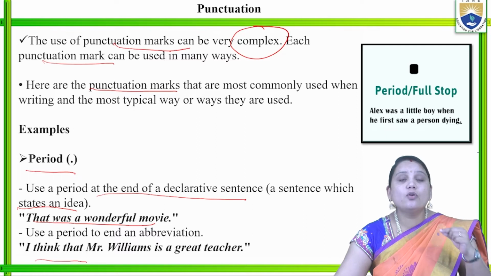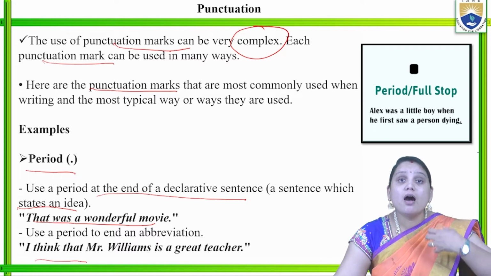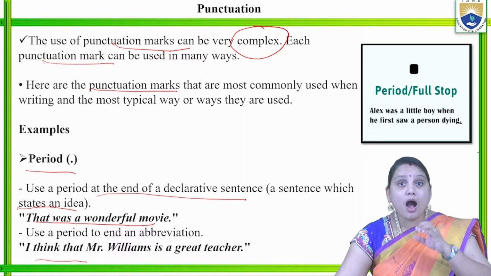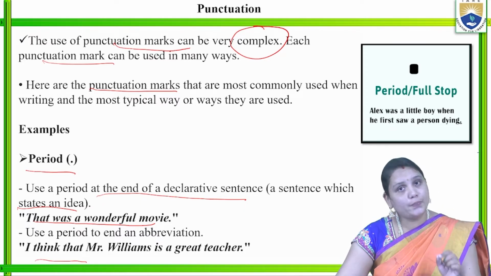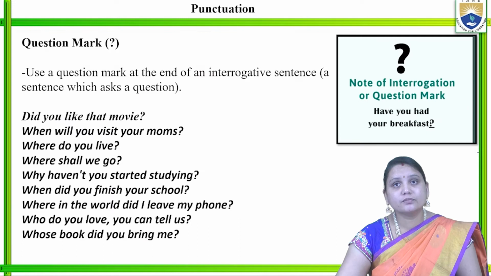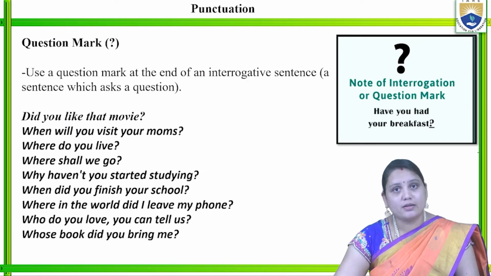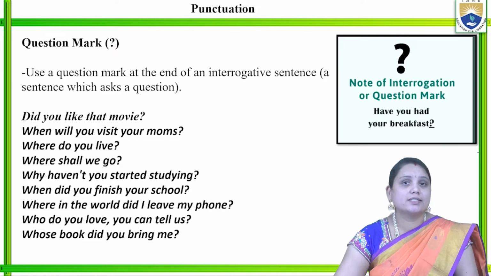This is the way you have to learn, in oral communication, how to put forward the end of a sentence with a period. Now, the question mark. Then we come to the question mark. Interrogative sentence.